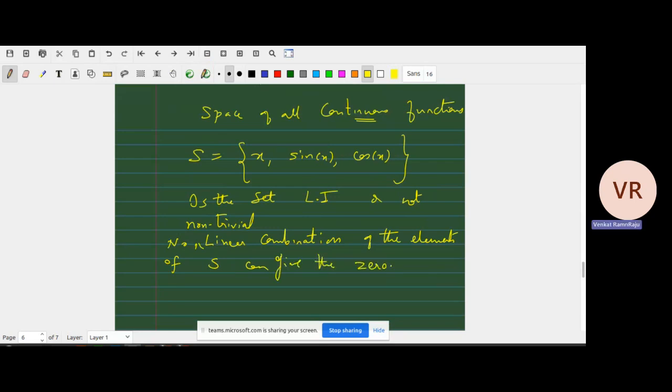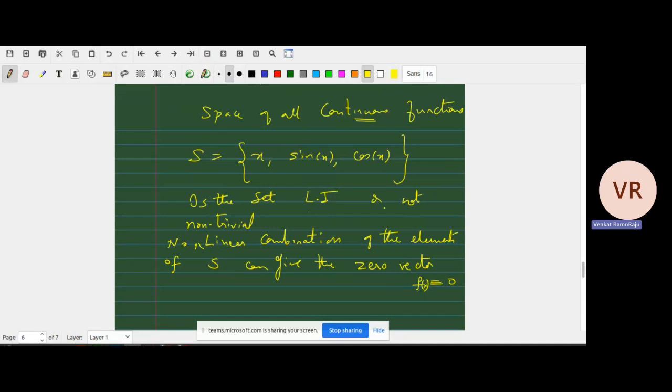I used to say null vector, I used to write 0 bar. Here I would say the zero vector is f identically 0 for all x. That's the constant function f(x) equal to 0, which is the zero vector in this space.